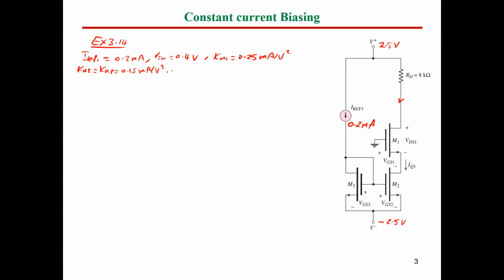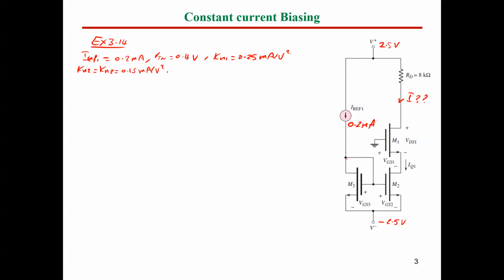Now we just need to investigate what would be the current in this branch. We need to get that current and calculate VDS1 in order to figure out what would be the mode of operation of this MOSFET. Firstly, for this MOSFET, as we discussed in the previous class, all the time this MOSFET is going to work in saturation mode.